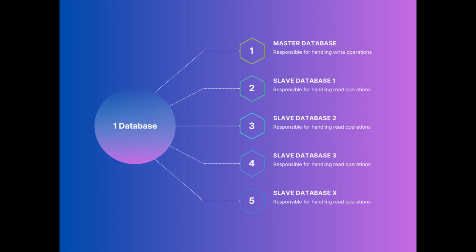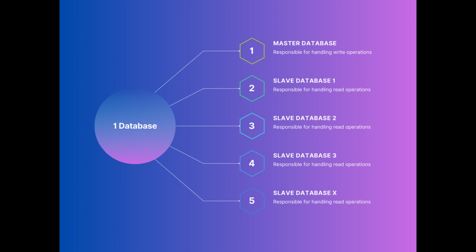The second option that we have is that you can use the master and slaves concept from the database's perspective. How would it work? You will have one master database, and in this master database, you will be saving write requests.